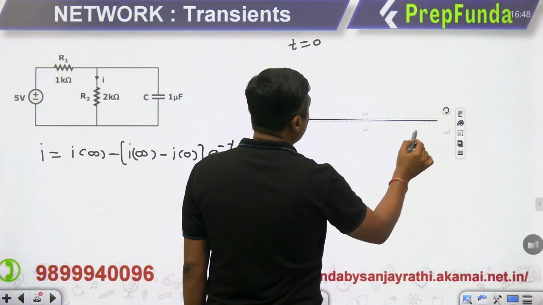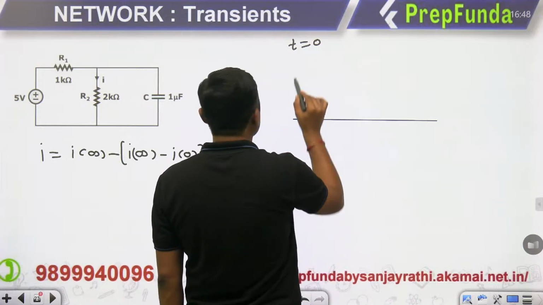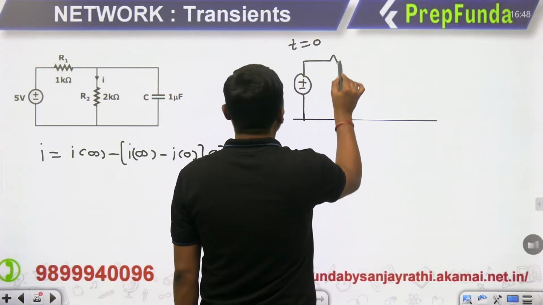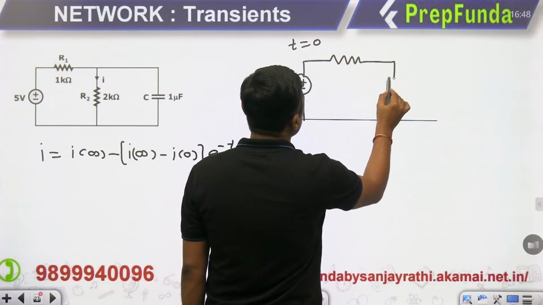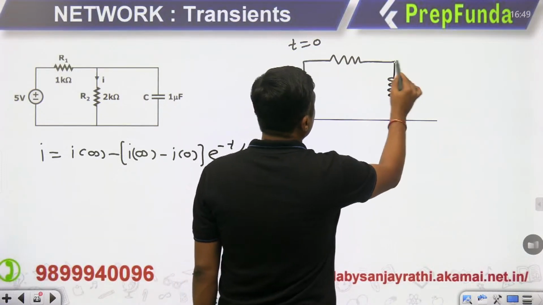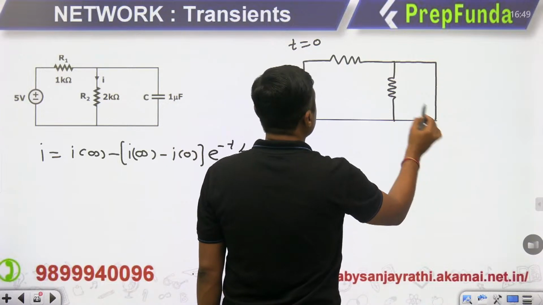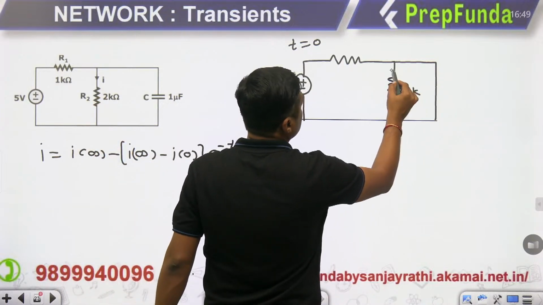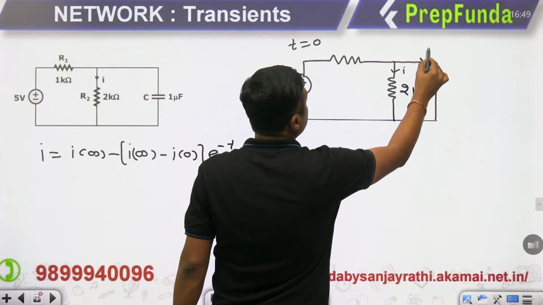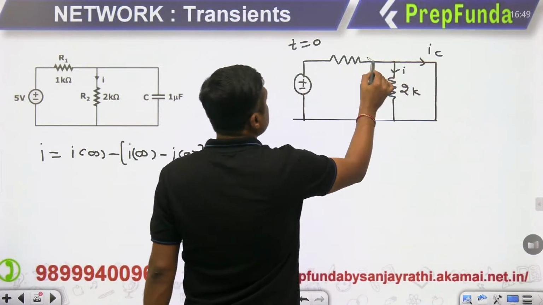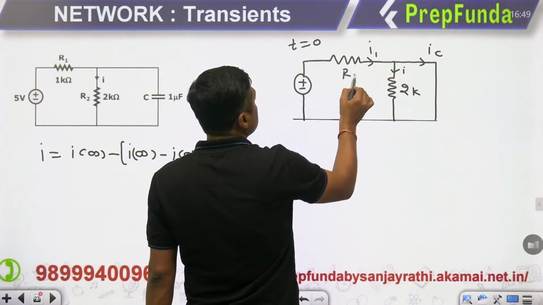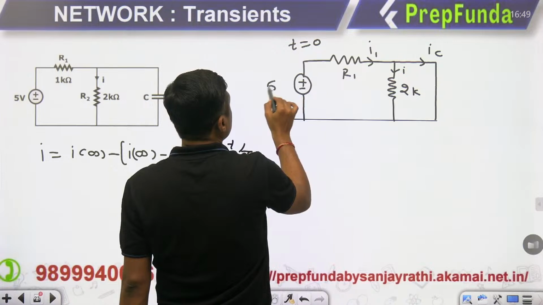Therefore initially the capacitor acts as a short circuit, and therefore there is no current through this 2 kilo ohm resistor, and the complete current will pass like this through R1, with the 5 volt source.